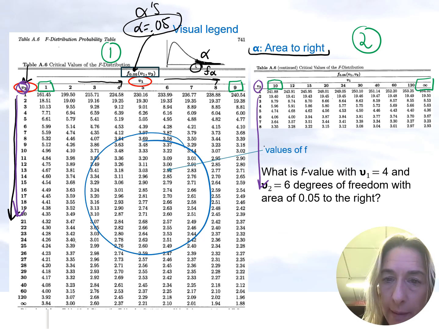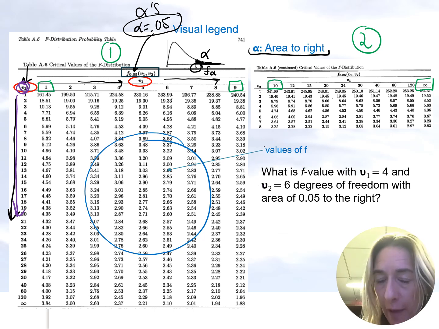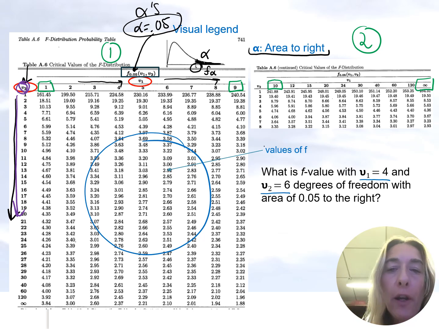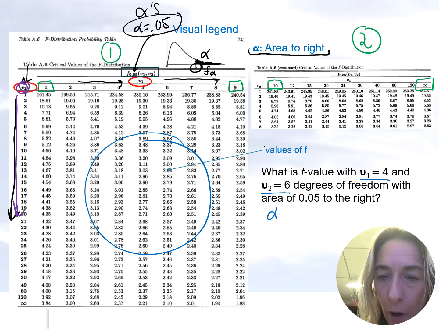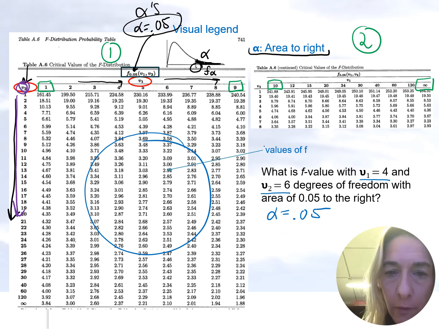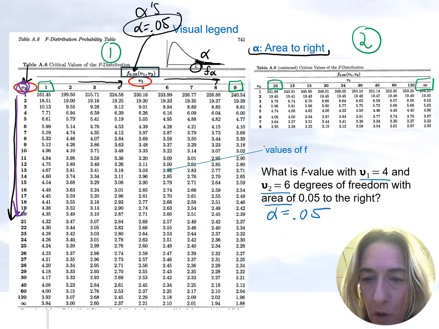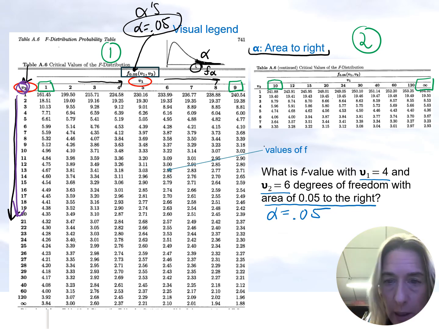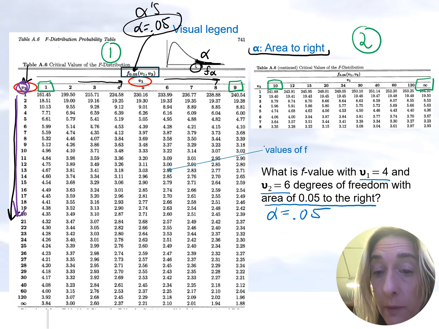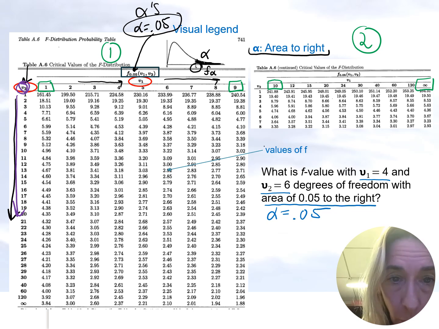What is the F value for nu1 equal 4 and nu2 equal 6 degrees of freedom with an area of 0.05 to the right? That means alpha equal 0.05. The convention is alpha is area to the right, so we just need to read this off the table. We need to make sure we're in the alpha equal 0.05 table, and we know that because this header has a subscript of 0.05.